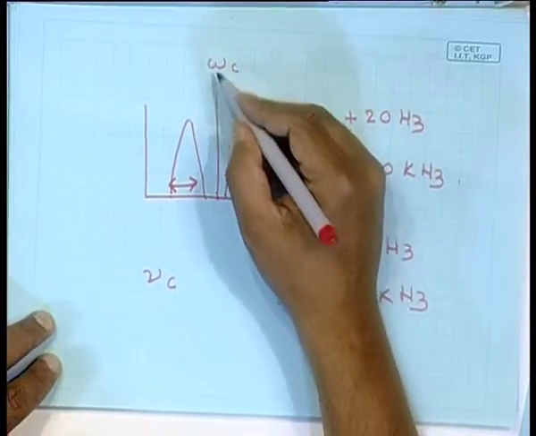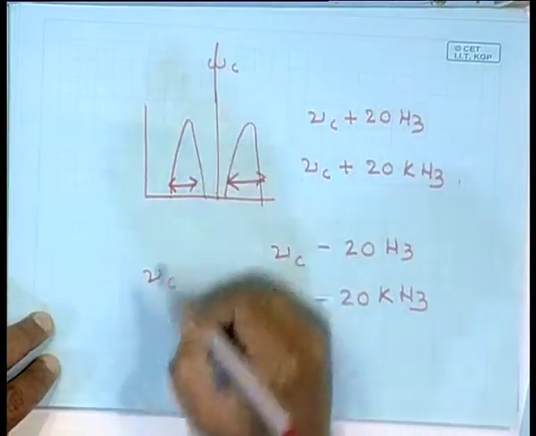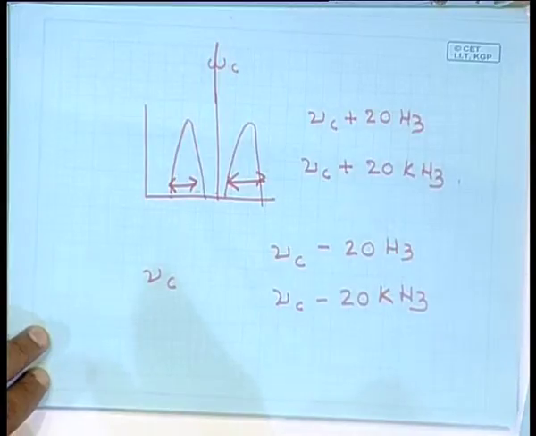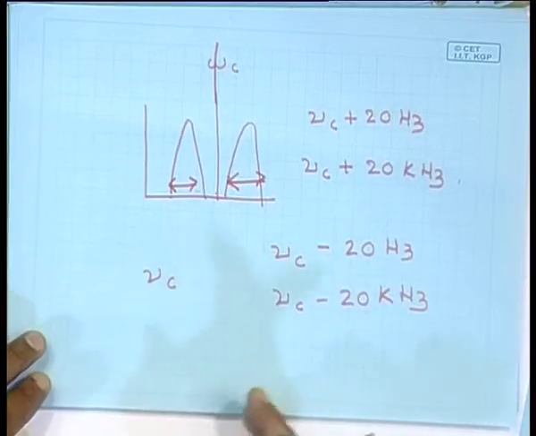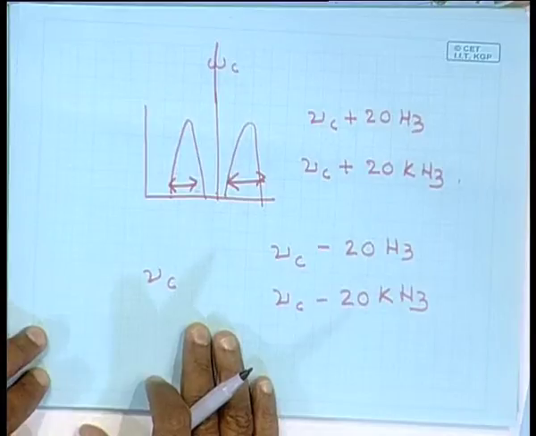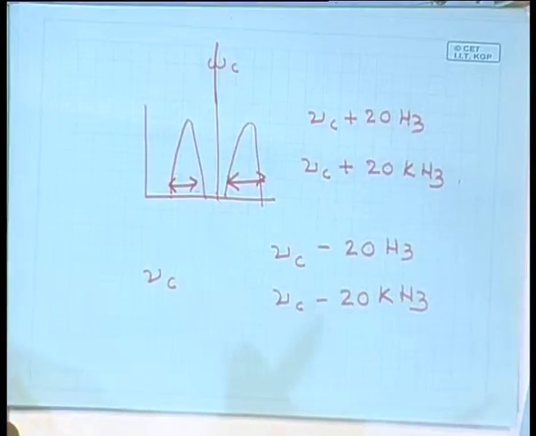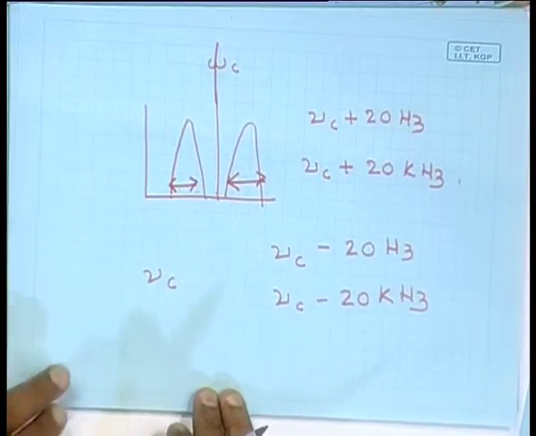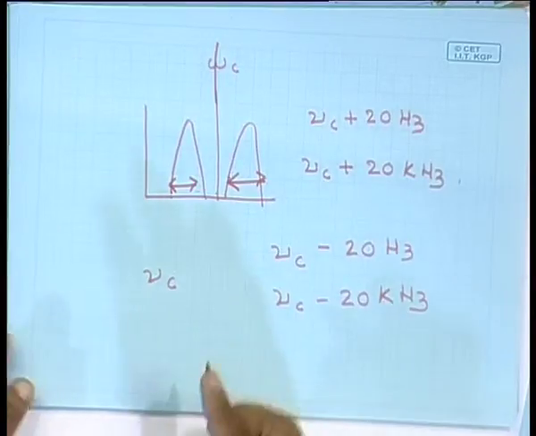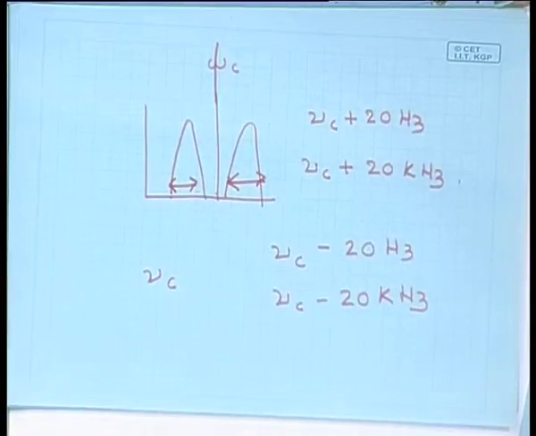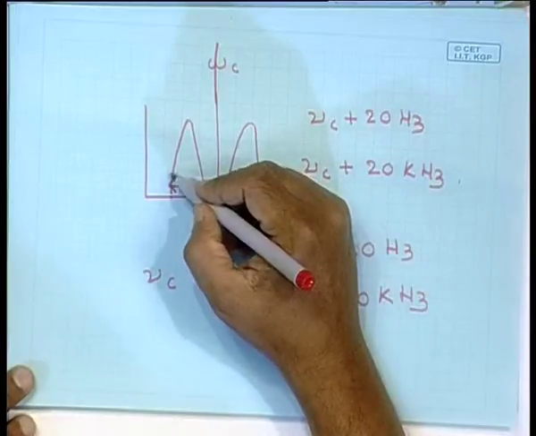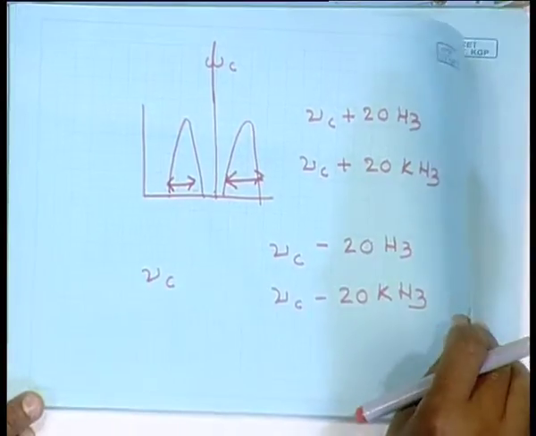So, every radio transmitter, if you are going to modulate the amplitude of the carrier wave with the signal, is going to actually send out signals not at the carrier frequency, but in a band of frequencies around the carrier frequency.